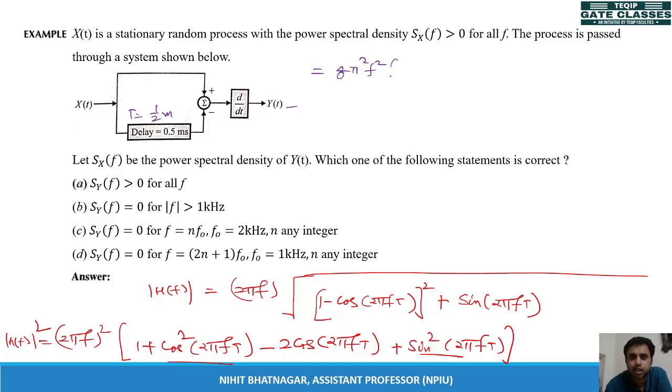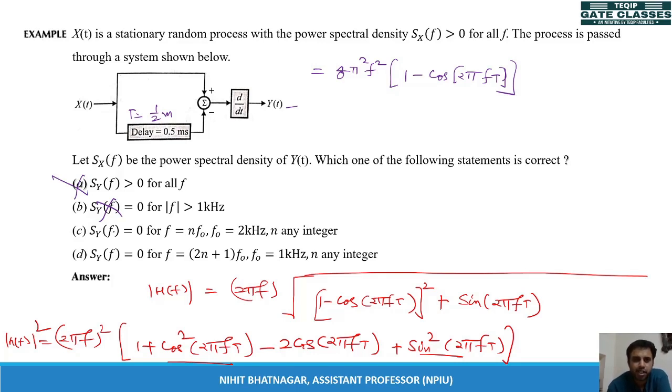Okay, then bracket 1 minus cos 2 pi. Okay. Now you can see this option and this option is eliminated because the same term will occur.